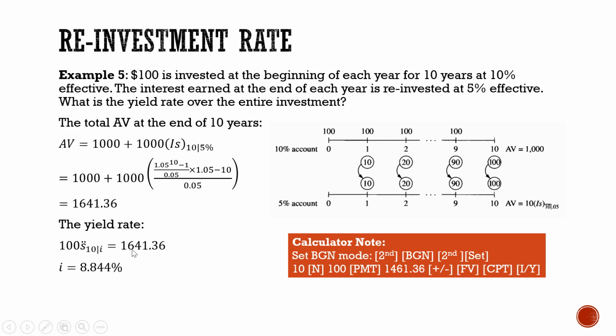Remember, because 1,641.36 is on the opposite side of 100, they should have opposite signs. If you set 100 positive, then 1,641.36 is negative. If you set 100 negative, then 1,641.36 is positive. And then we compute the interest. So the answer is 8.844%.